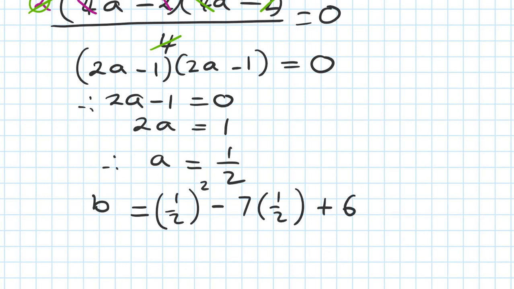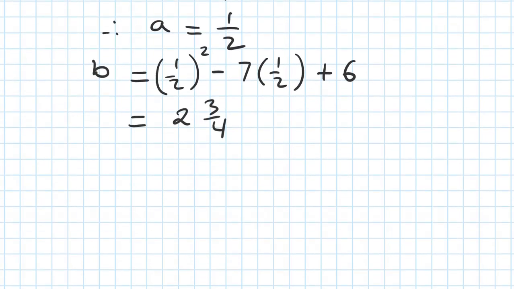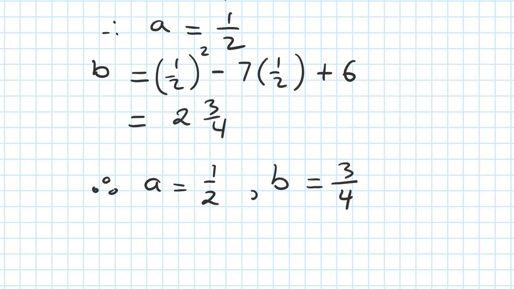If you put that in your calculator, you should get 3/4. So now the answer is, therefore, a is a half and b is equal to 3/4. That's your answer.